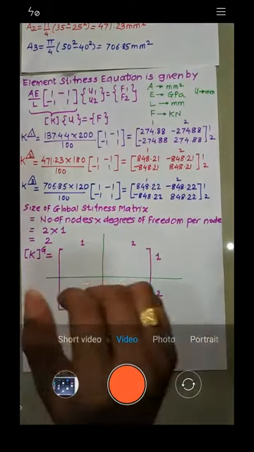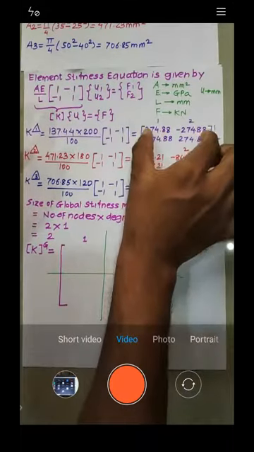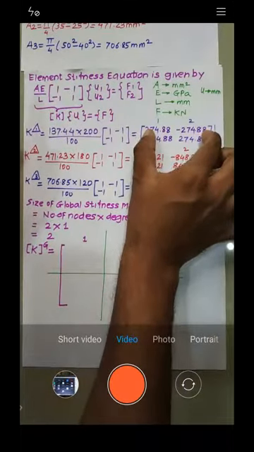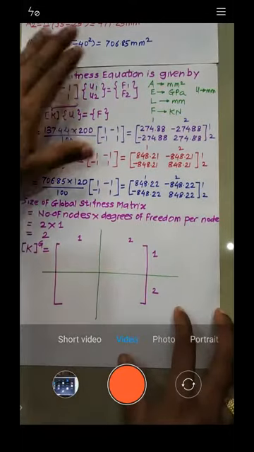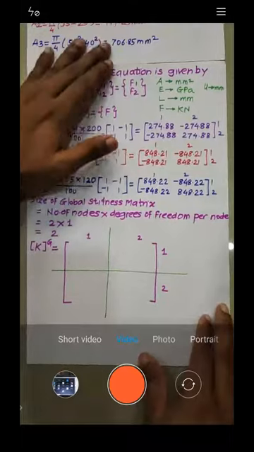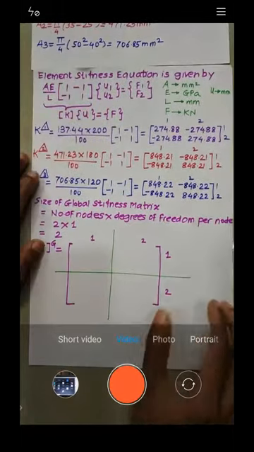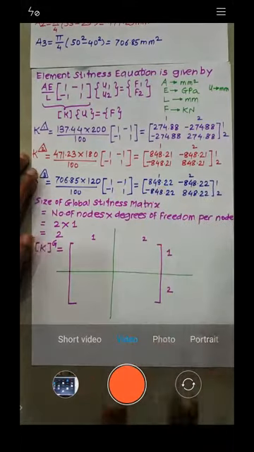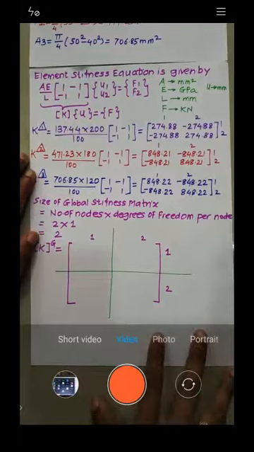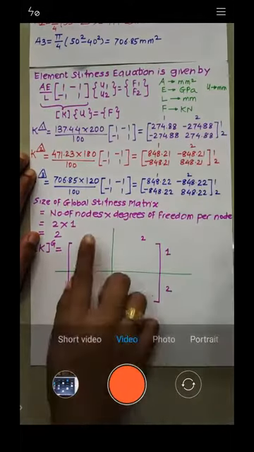Now what I need to do is just pick these element stiffness matrices and place them here. I'll just pick and place, nothing else. See here, this is 1, 2, 1, 2, and again 1, 2, 1, 2.